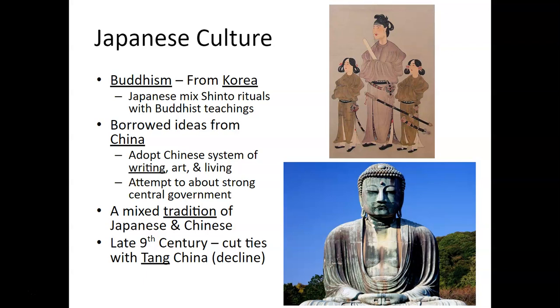So, Japan, as things move forward, they actually gained Buddhism from Korea, which had moved to Korea from China, and then had moved to China from really Southeast Asia and India. So as Buddhism comes into Japan, they start to mix the Shinto rituals that many of the various clans in Japan were practicing with Buddhism.